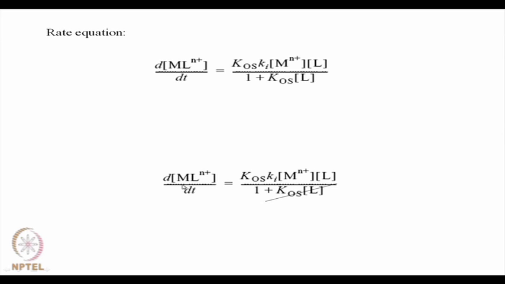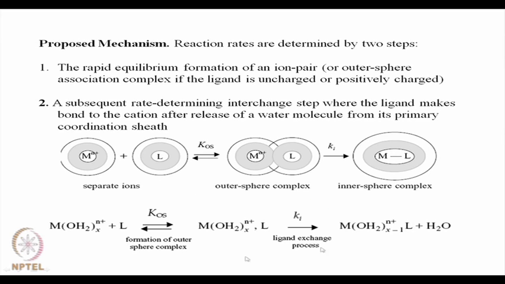So, the rate is dependent directly on the metal concentration and also the ligand concentration, provided this denominator part, K_OS[L], is small. Okay. So, this is the rate expression corresponding to this proposed ligand exchange mechanism, initially the formation of the outer sphere complex, then the inner sphere complex formation.